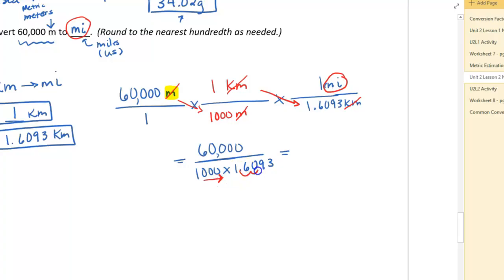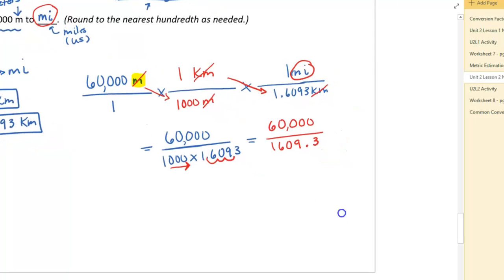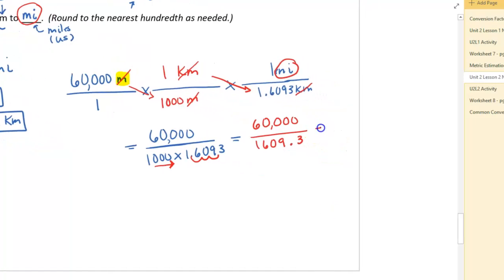So 1, 2, 3. So that's going to give us 60,000 over 1609.3. And if we divide that in our calculator, we're going to get 37.2832, and it goes on.